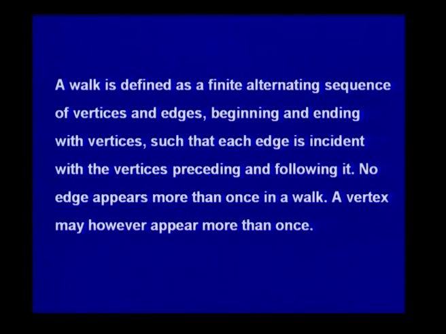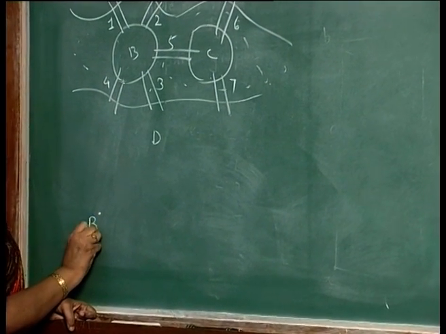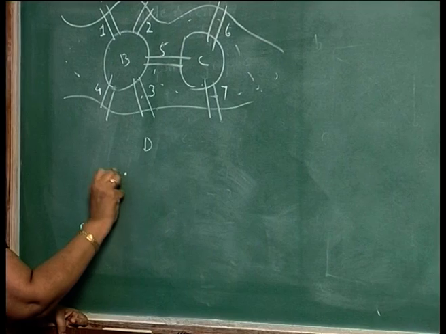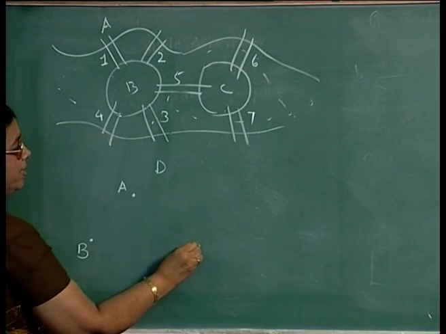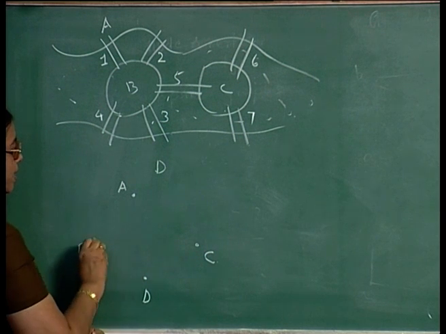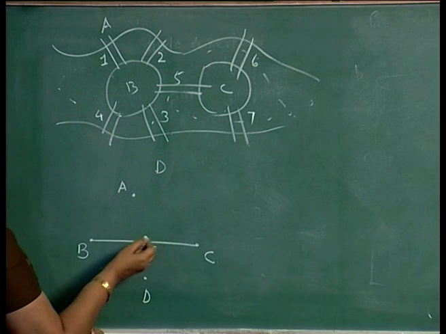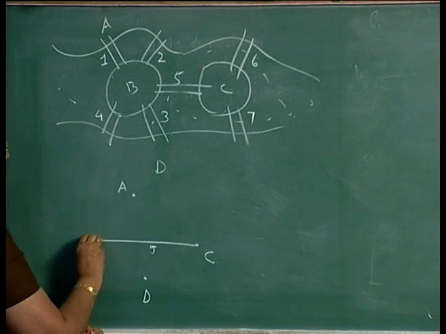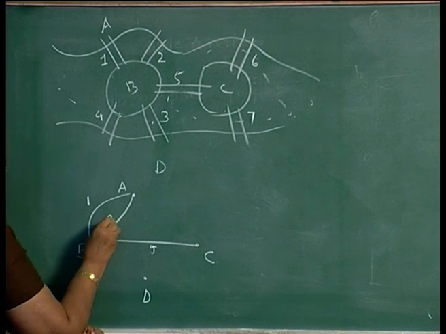If you represent it as a graph, node B is represented like this, node A, node D, C. There is an edge between B and C, there is a bridge between B and C which is 5. Between A and B there are 2 edges, 1 and 2.